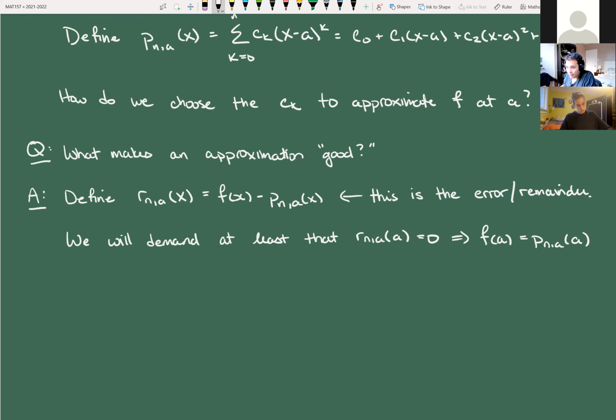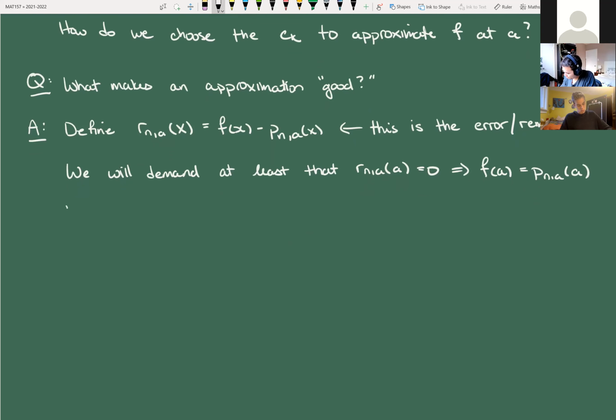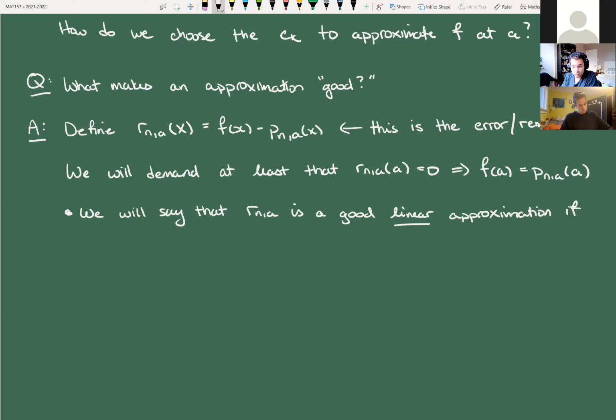So what we're also going to say, let me put this as a bullet point, is that R_{n,a} is a good linear approximation if its error disappears faster than linearly.